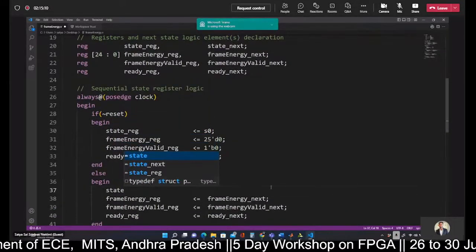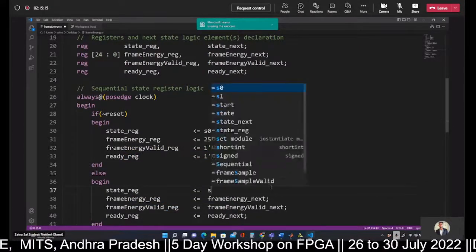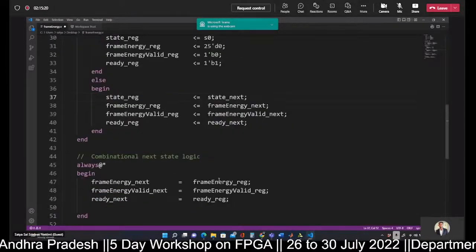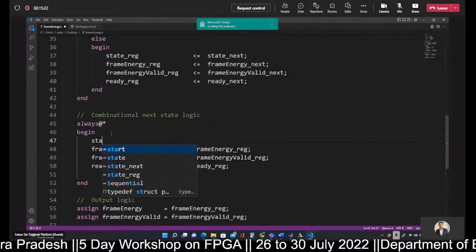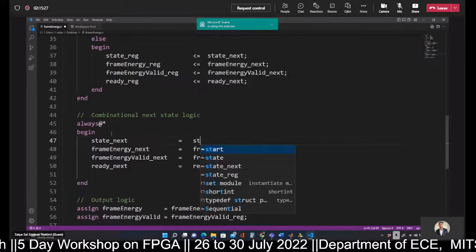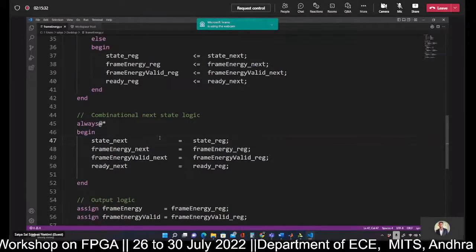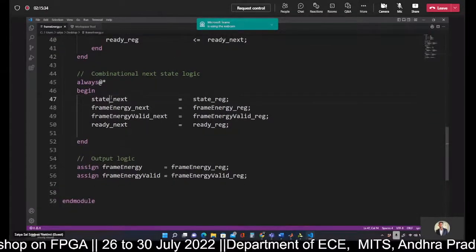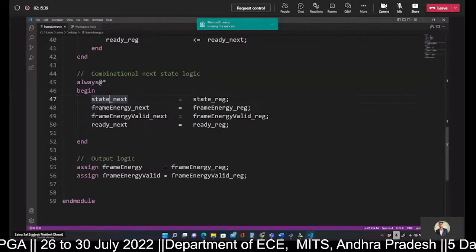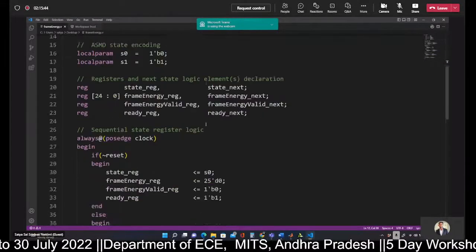And at the time of reset. And accordingly, when reset is removed, it should follow the state_next. And state_next, when you're not doing anything, when you're not manipulating anything, the next value is nothing but the value that is stored in the state register. And the state register, we are not driving anything, so we don't have any output. We only have the outputs like frame energy, frame valid, and ready.